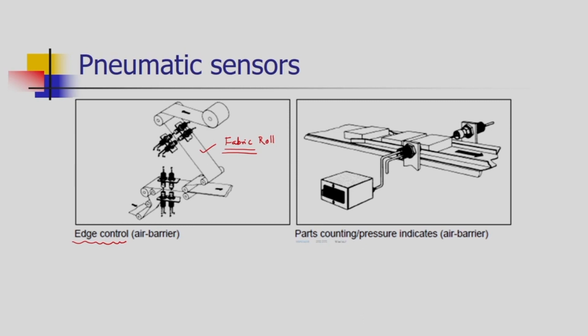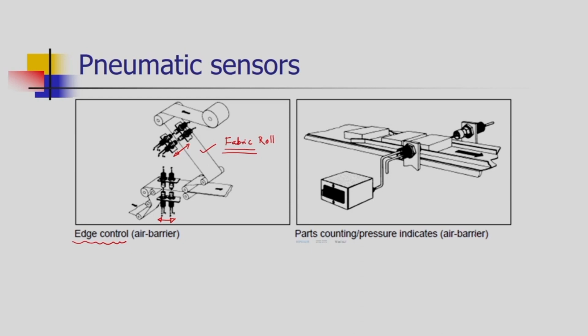For that purpose the edge of the fabric is to be monitored continuously. So a set of sensors are mounted here that you can see. Again the same principle is applied to monitor continuously the edge of the fabric.